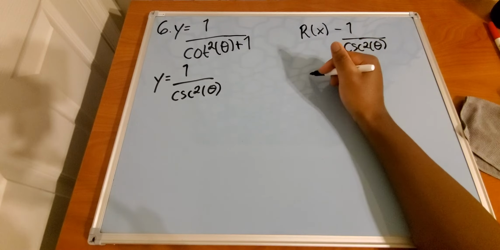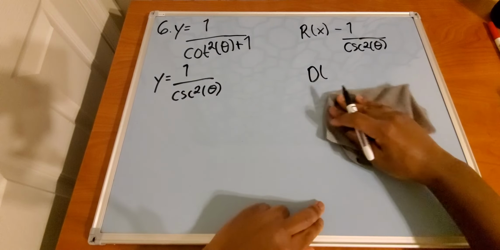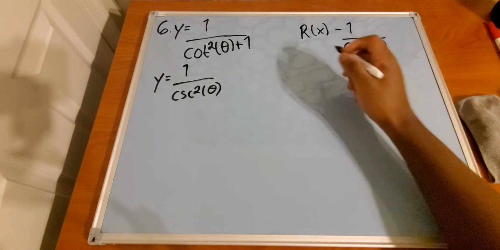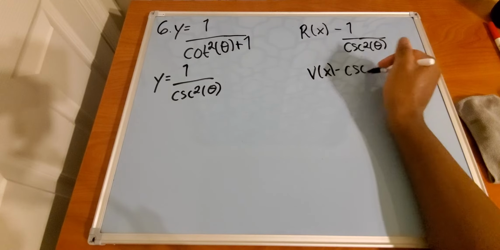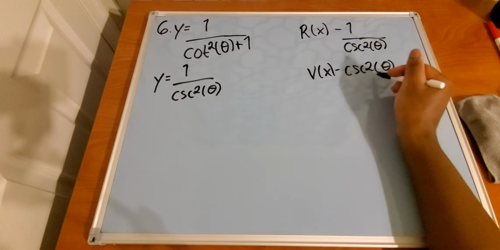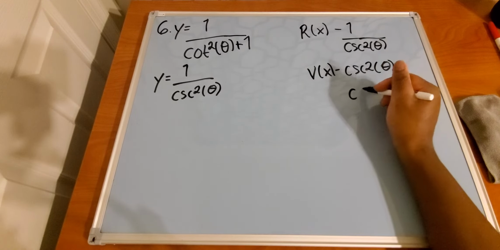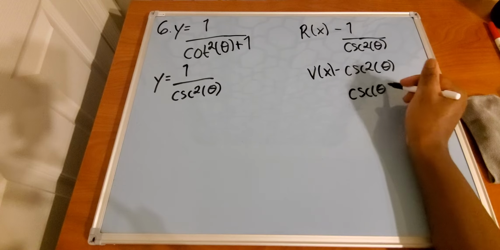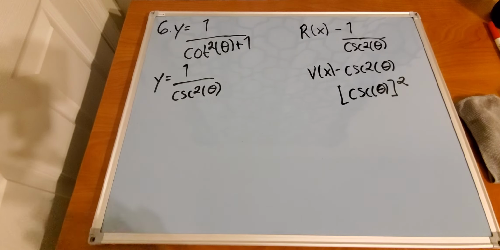And then we have our denominator function, so I don't use d of x, I use v of x. Our denominator function, v of x, is cosecant squared of theta. It's a chain rule, and it's a chain rule because there's no derivative for this in that form. You have to rewrite it as cosecant of theta squared, and then use the chain rule.